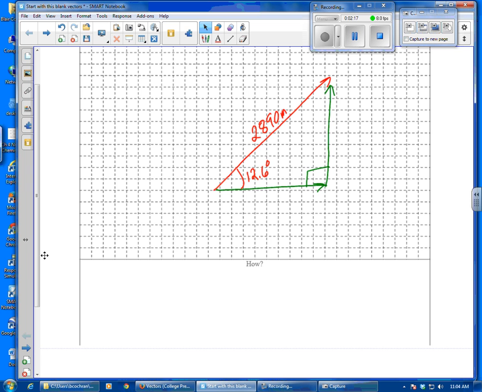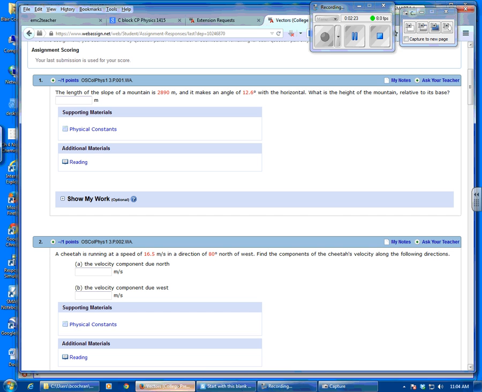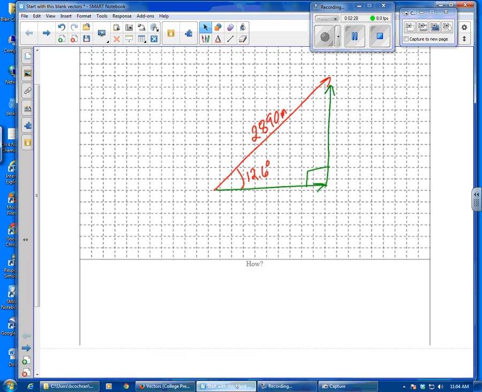Now I have a right triangle, and they're asking me what is the height of the mountain relative to the base. So they want to know side y here, and I look at that side and say, oh, that's opposite my angle, and I know my hypotenuse and my angle.